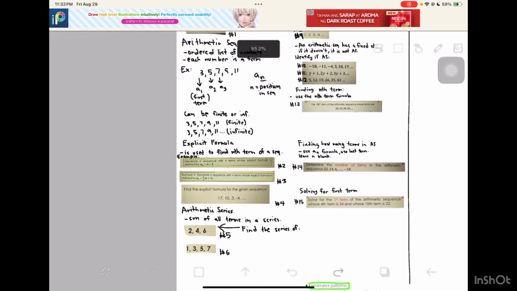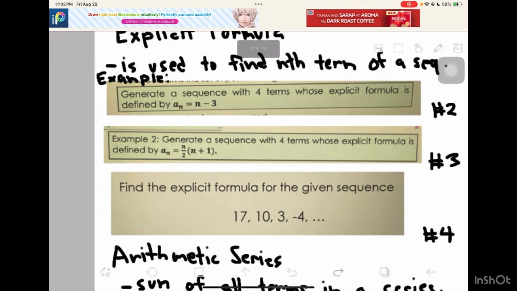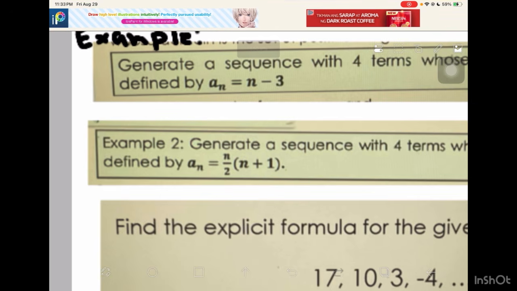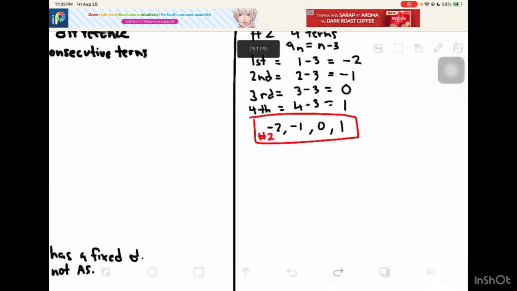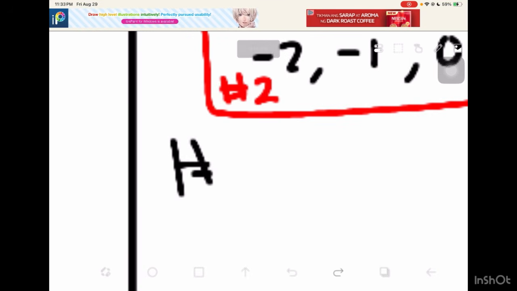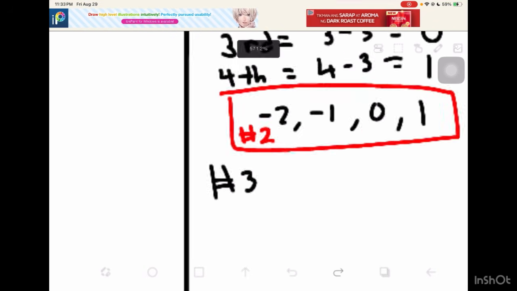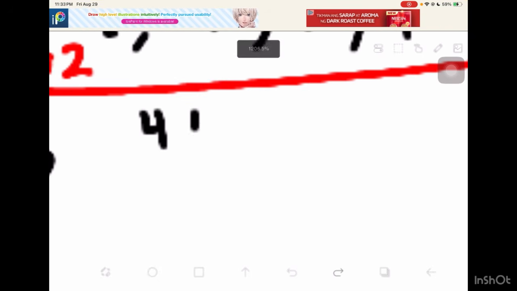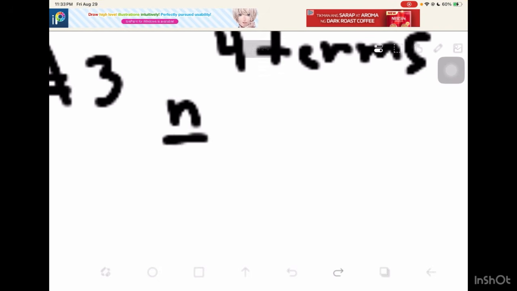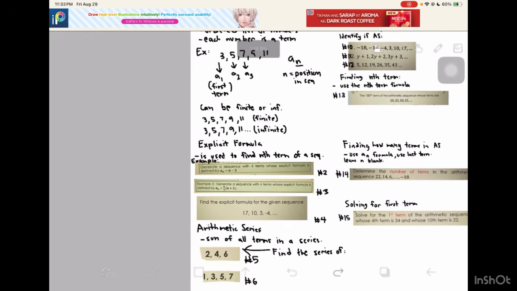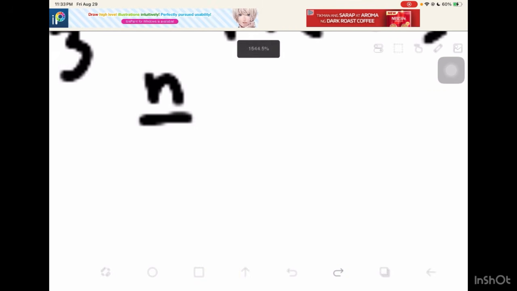Alright, number 3. Generate a sequence of 4 terms again, and we have an explicit formula of a bit more complex form. So let's do this together. We still want 4 terms, and we have a formula of n over 2 times n plus 1.